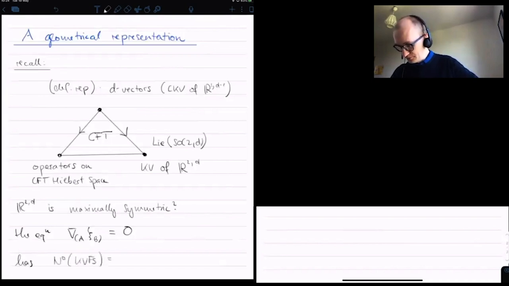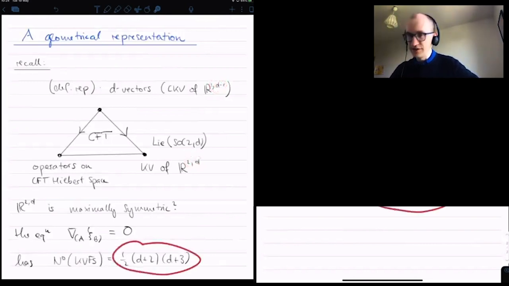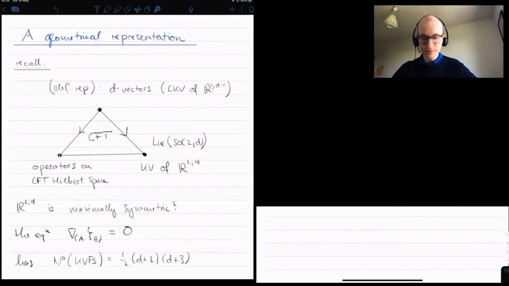which is equal to 1/2 (d+2)(d+3). I am being careful that this d is always the same, right? So here we have a d-dimensional space, here we have a 2+d-dimensional space, and a 2+d-dimensional maximally symmetric space happens to have this number of Killing isometries.